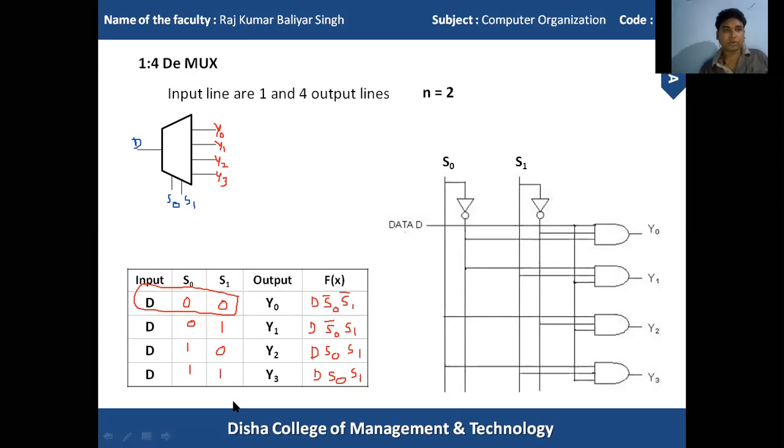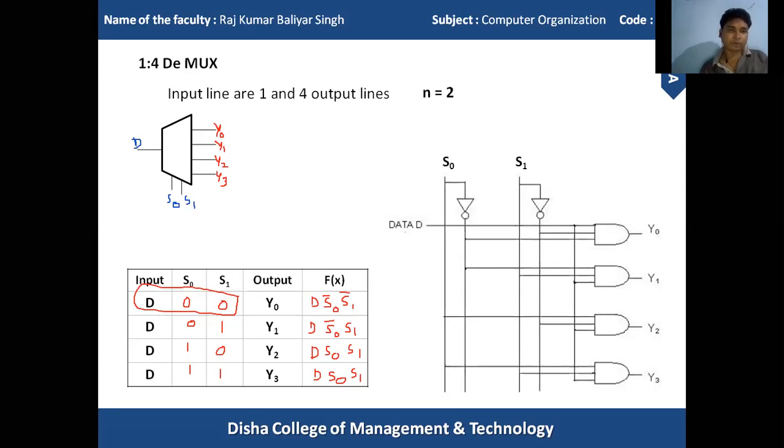Okay, so if there is a question asking what is a DMUX, and to draw the circuit diagram or design a 1:4 DMUX, then you have to write what is a DMUX, whatever we discussed in the previous slide.